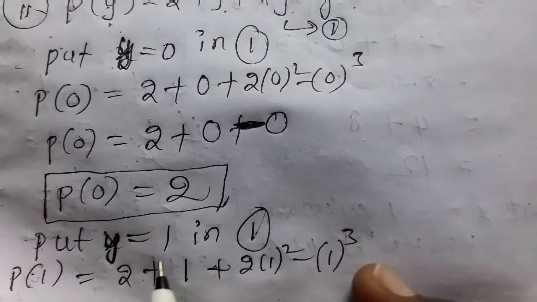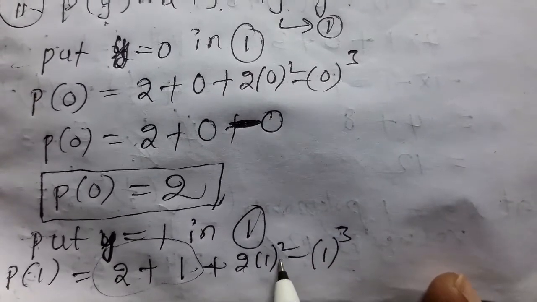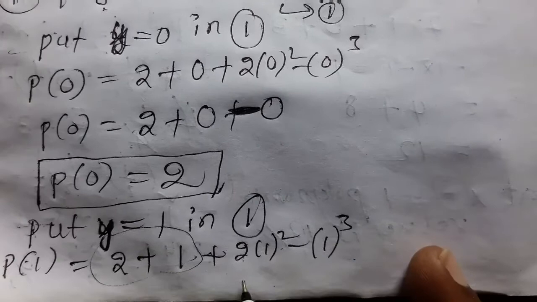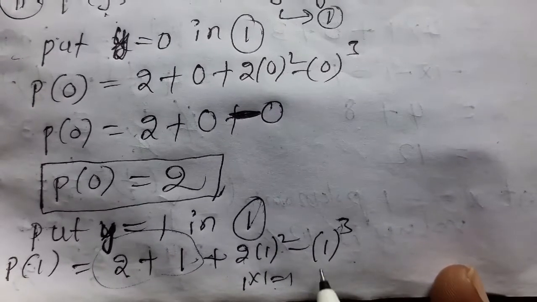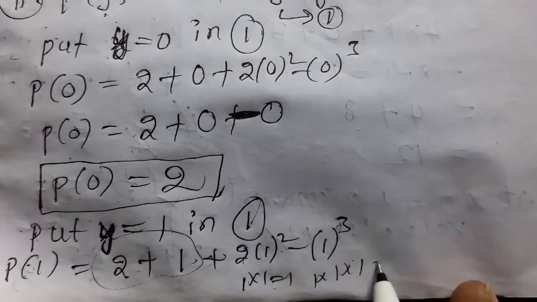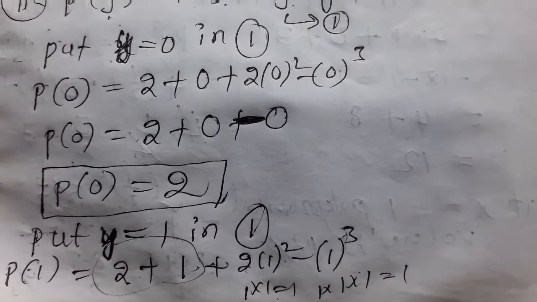Now here 2 plus 1 is 3 and 2 into 1 square, 1 square means 1 into 1, that is equals to 1. 1 cube means 1 into 1 into 1, 1 multiplied by 3 times, that is also 1, isn't it?